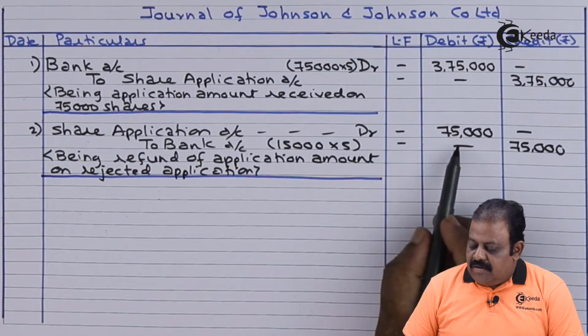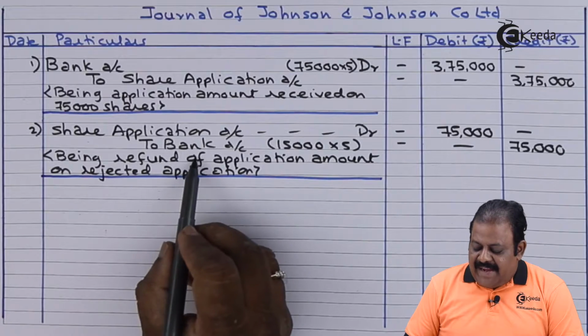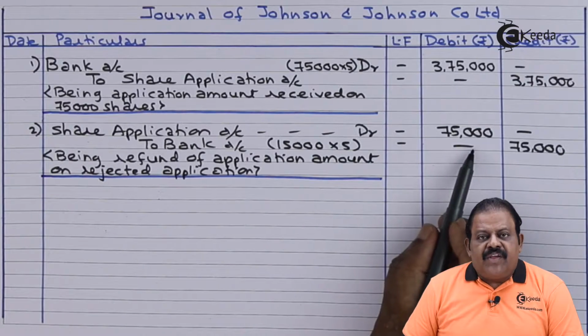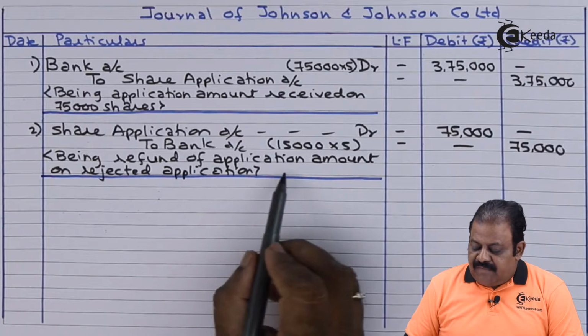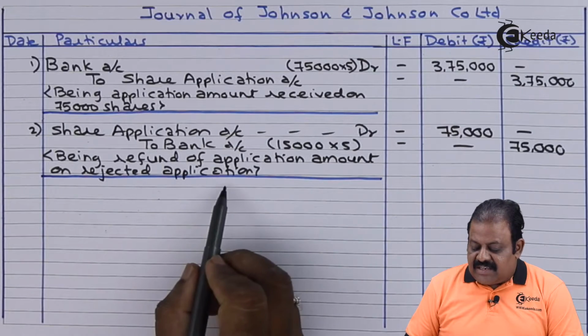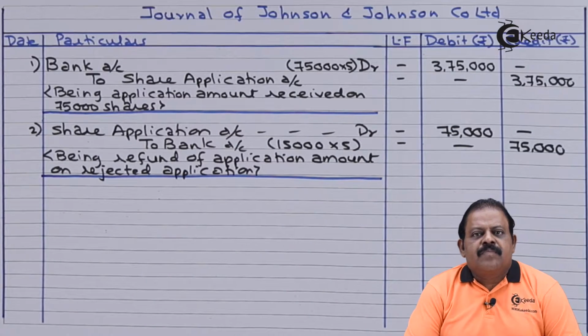Share application account debit to bank 75,000, being refund of application amount on rejected applications.